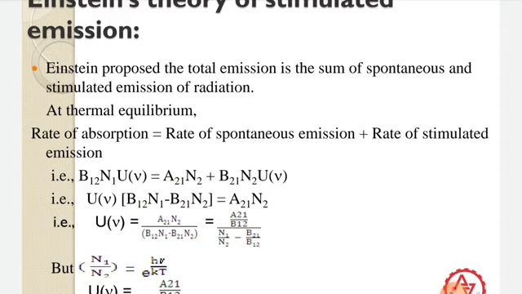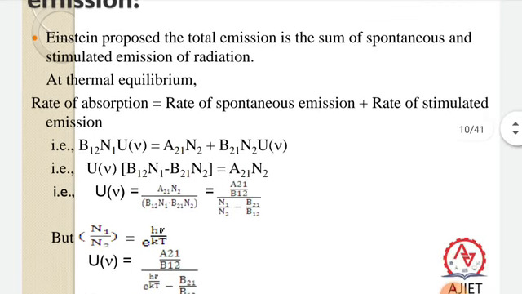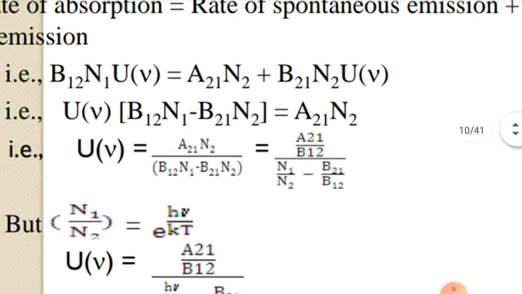You take that U of nu outside, hence the equation can be written as U of nu times B12 N1 minus B21 N2 is equal to A21 N2, or U nu is equal to A21 N2 divided by B12 N1 minus B21 N2.